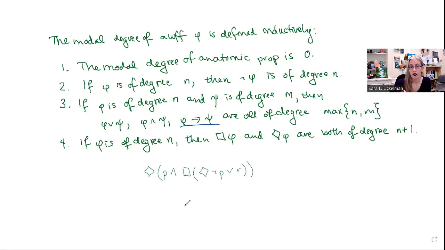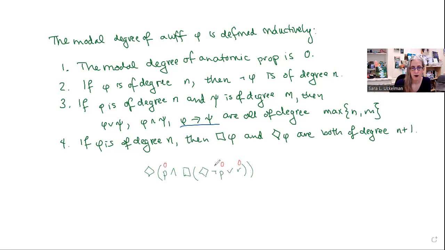There are no iterated modalities here, and yet this is going to have a fairly high modal degree because of the number of modalities that are embedded inside each other. So let's just run through this again real quickly. We label all of our atoms with 0, we build them up.